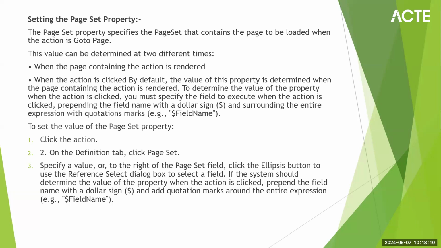Click on the action on the Definition tab, click Page and specify a value, or you can map to the respective existing field ID which you already created with the details. If the system should determine the value of the property when the action is clicked, prepend the field name with a dollar sign. This is common for the page and page set properties.